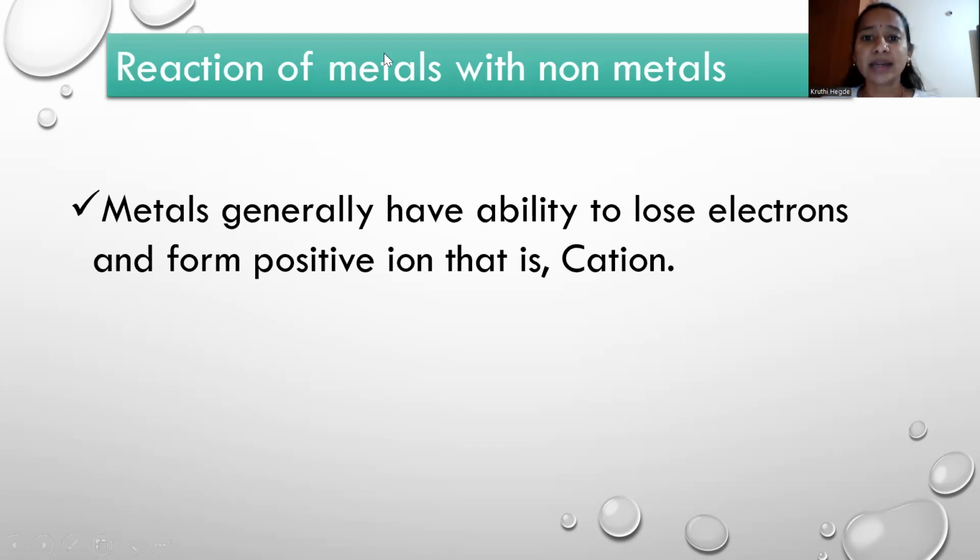Let us understand it with an example. In case of a metal, let us take potassium. The symbol is K, right? Its atomic number is 19.